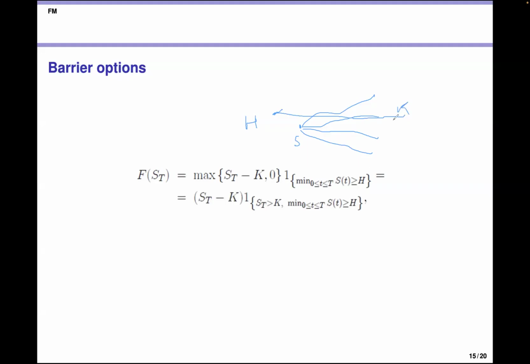But we need to give not only K, but also H, which can be more than K or less than K. For example, H is more than K, but maybe the price will go like this, and after that like this. So we need to know when the market price was first time more than H, not K, but some H. Okay, it's more complicated, but it's interesting to know.